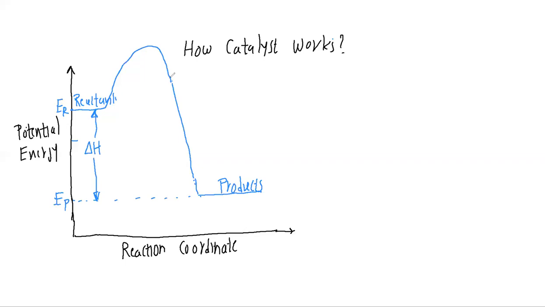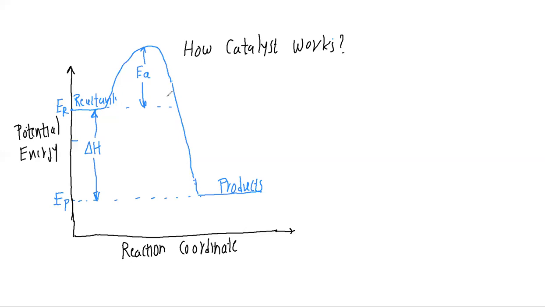The interesting part is that there is something called the activation energy for this reaction, which we know is this. So what is the activation energy? It is the minimum energy required by the reactant so that the reaction can be completed.